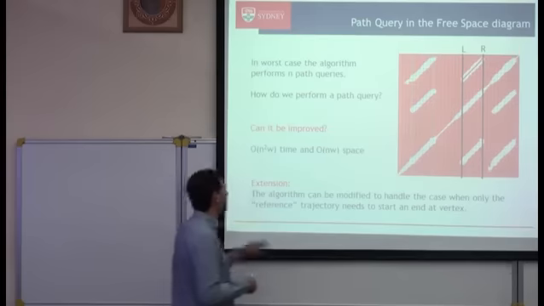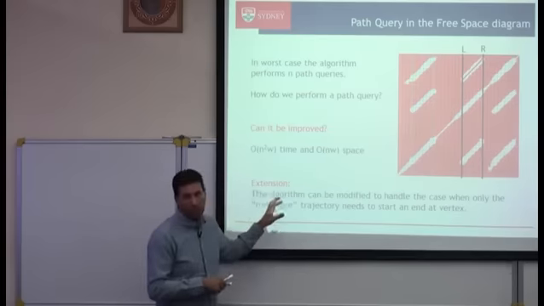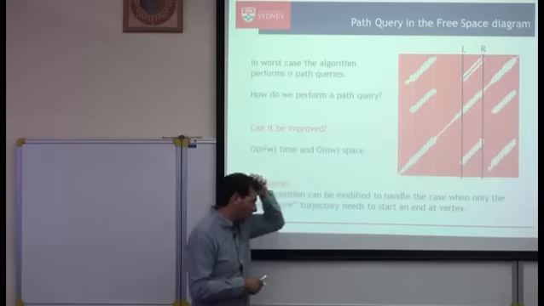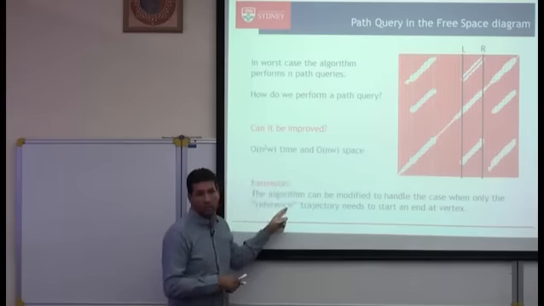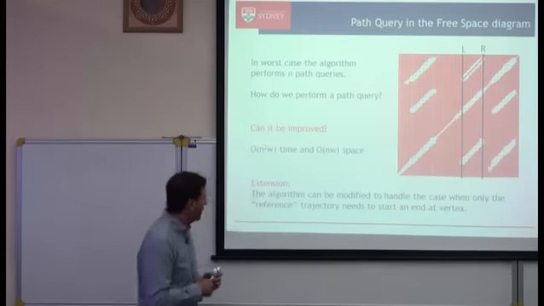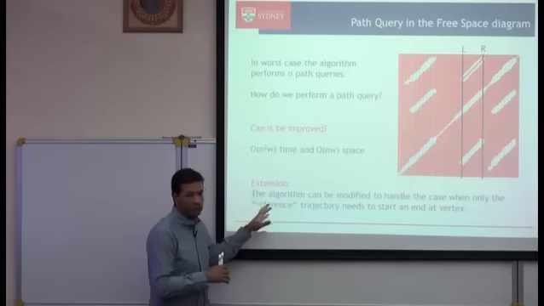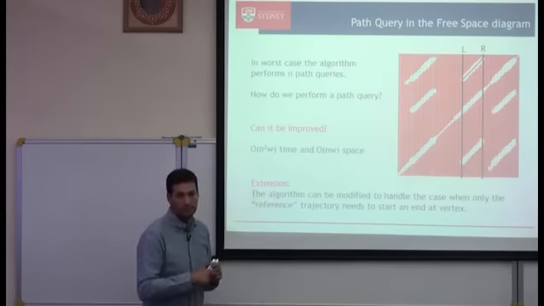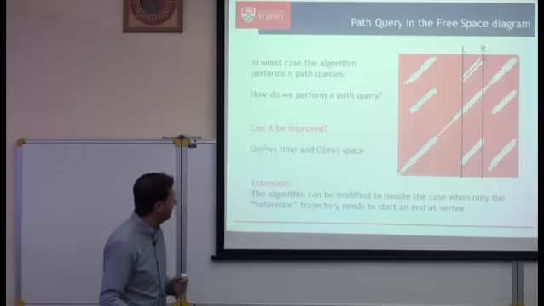But you can modify it with the same running time if you only restrict the reference trajectory to start and end at the vertex. If you want to have no restrictions at all, you can do that too, but then you will start to lose quite a lot in the running time.